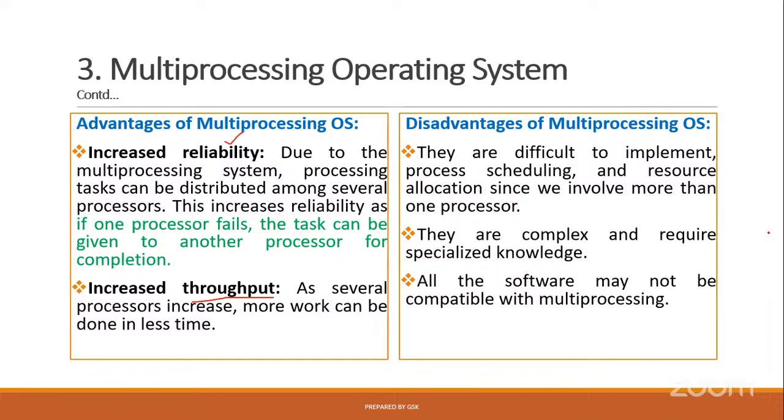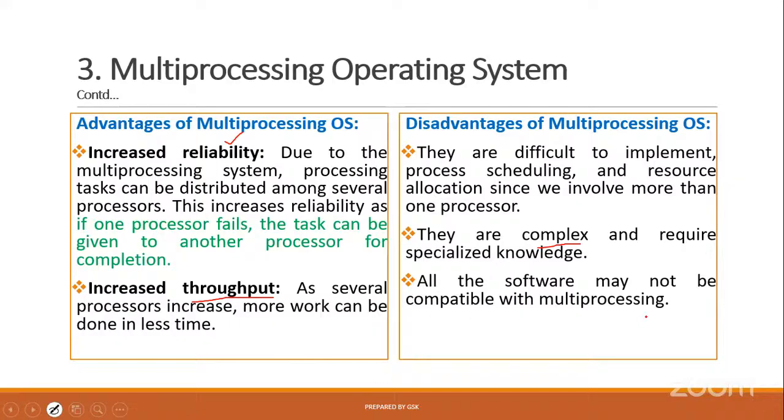The system must know how the particular CPU knows which process should be executed and which should not. That CPU must have the knowledge. So for that we need to use scheduling algorithms. But here we are using multiple processors. So that is why it is somewhat complex to implement CPU scheduling algorithms, as we have multiple CPUs here.